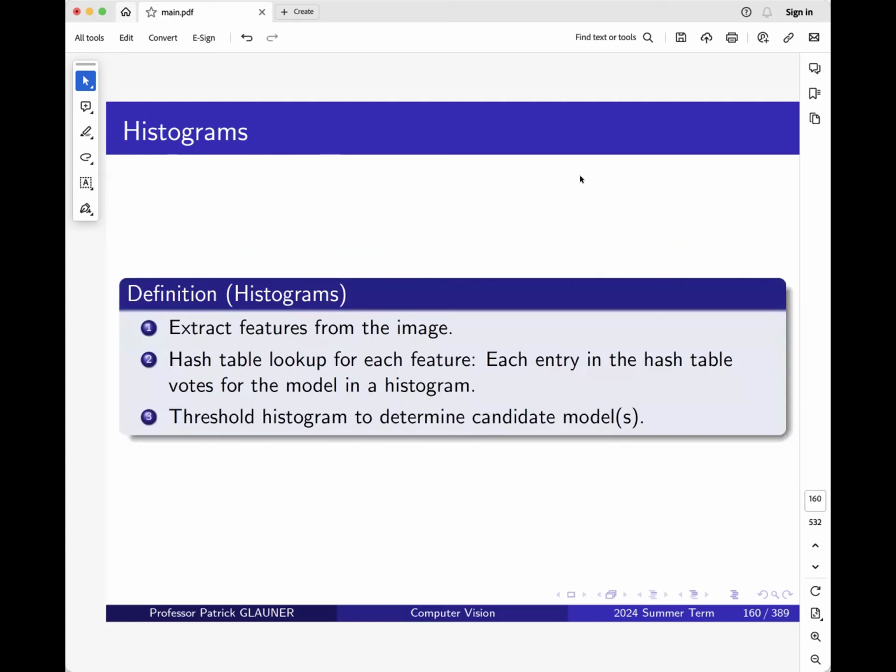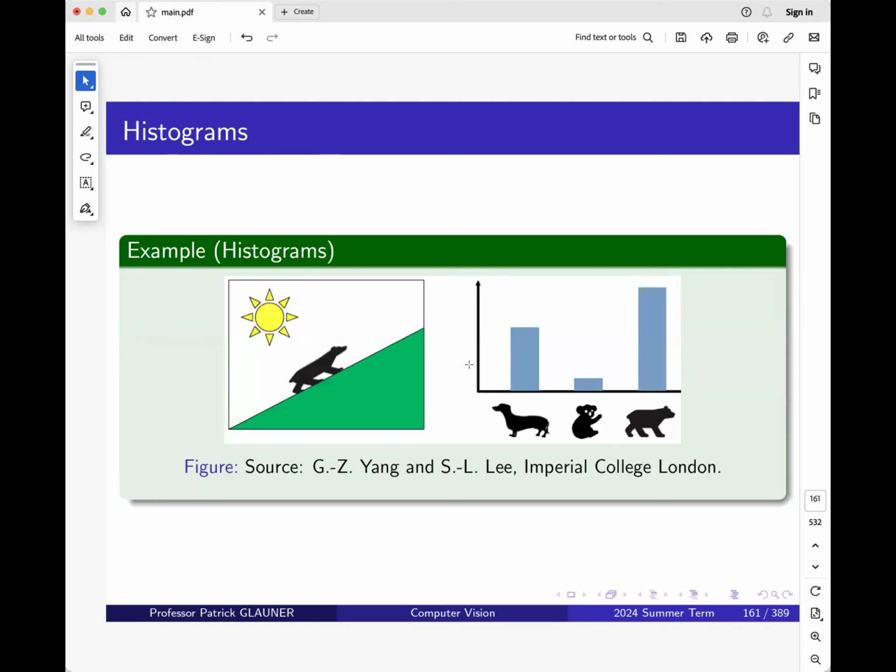What you can also try is histograms. Histograms are another approach to object detection, or object recognition in general. For example, you're looking for animals in this image, and possible animals are a dog, a koala bear, or some bear.